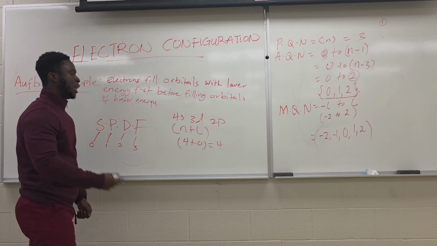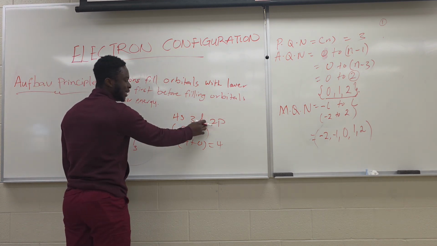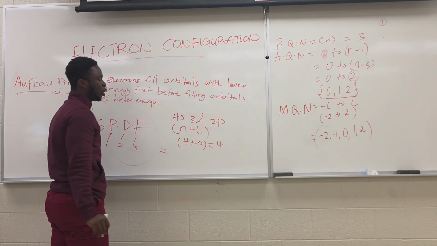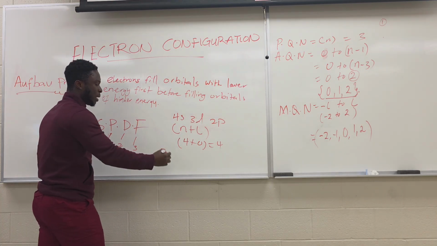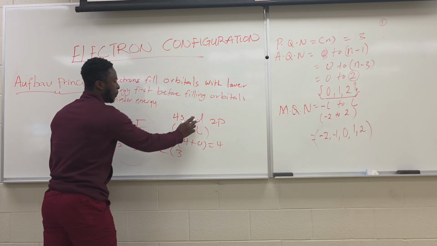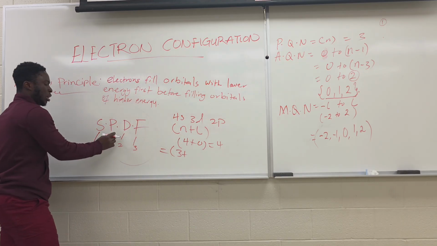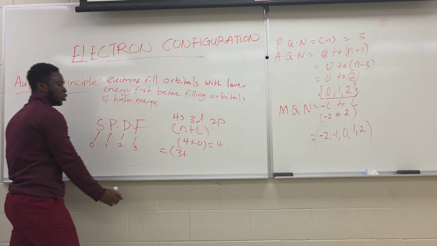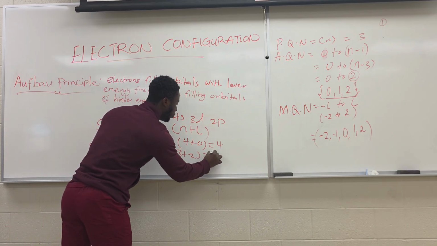Then you compare it to something like 3d, right? For the 3d, the 3 is the principal quantum number, so it's going to be 3 plus d, and d is the azimuthal quantum number 2. So 3 plus 2 gives you 5.